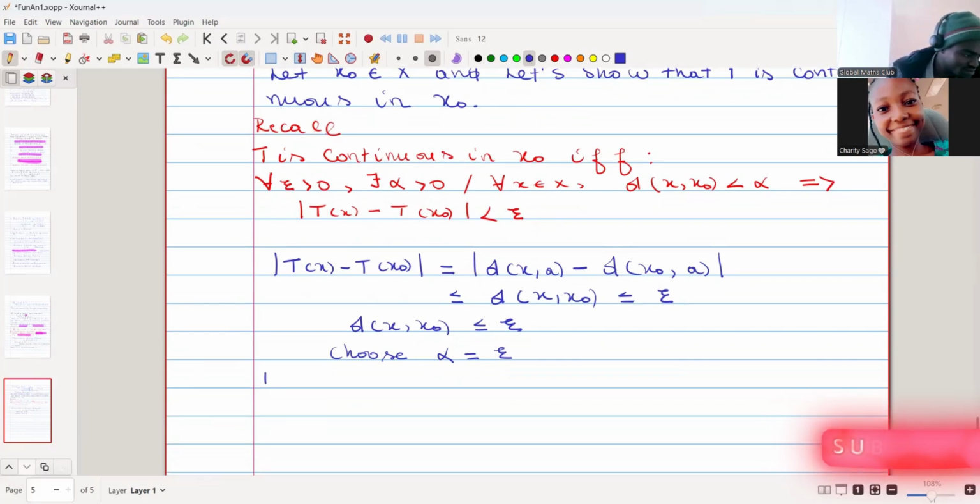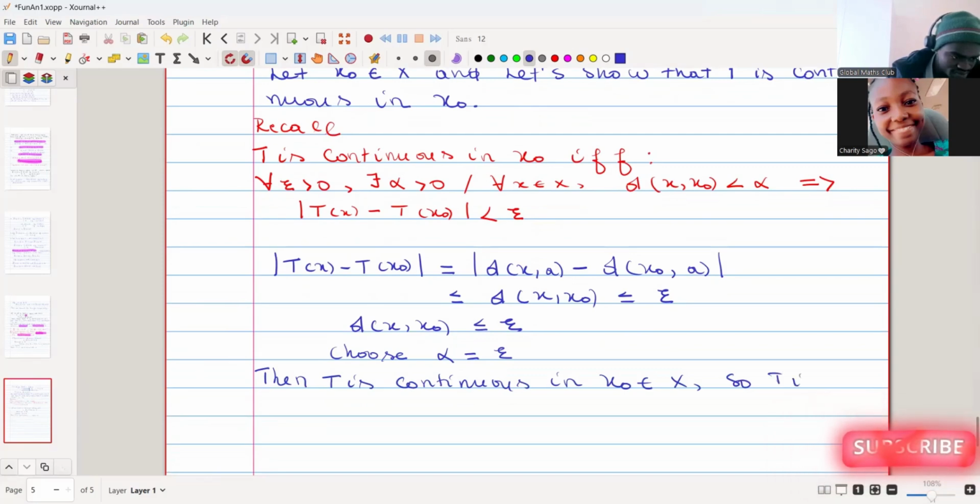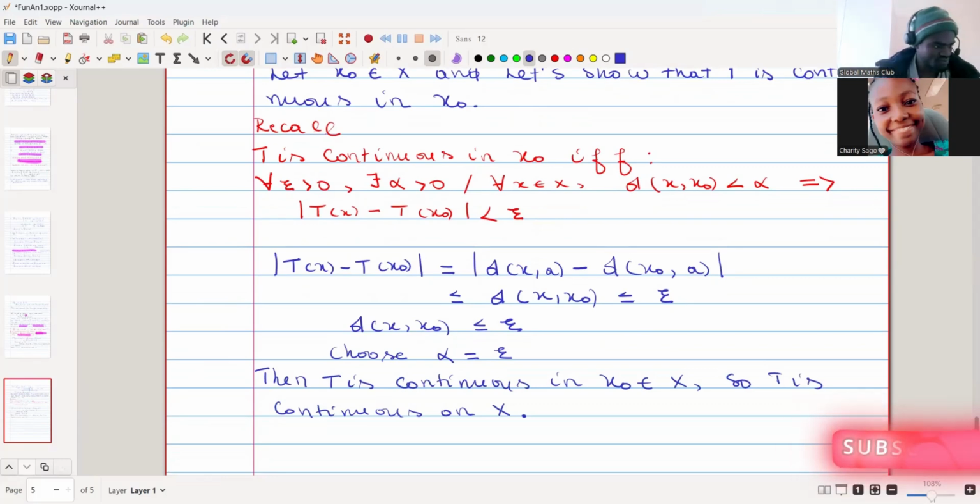Then T is continuous at x naught, which is any point in X. So T is continuous on X. I hope that it is clear.